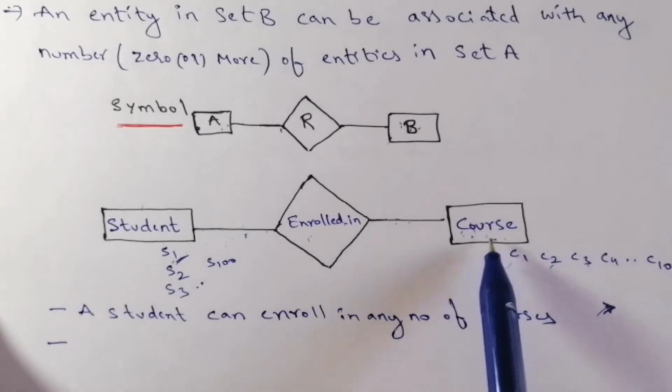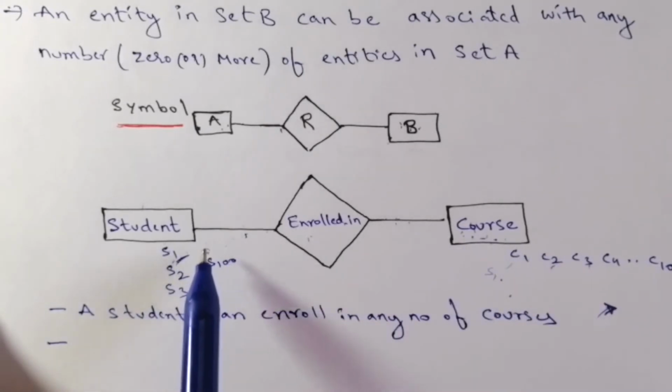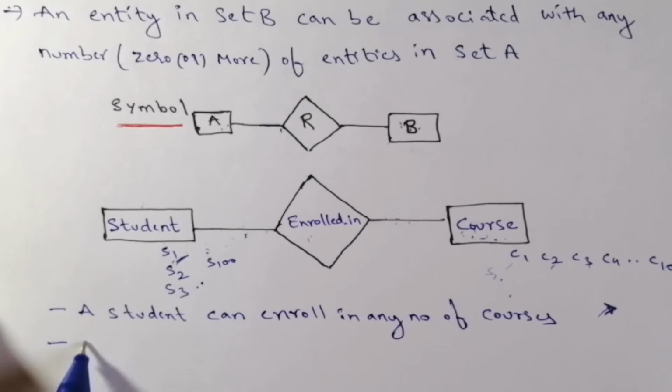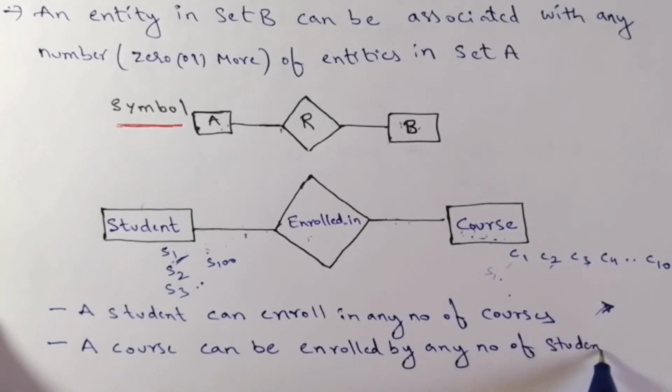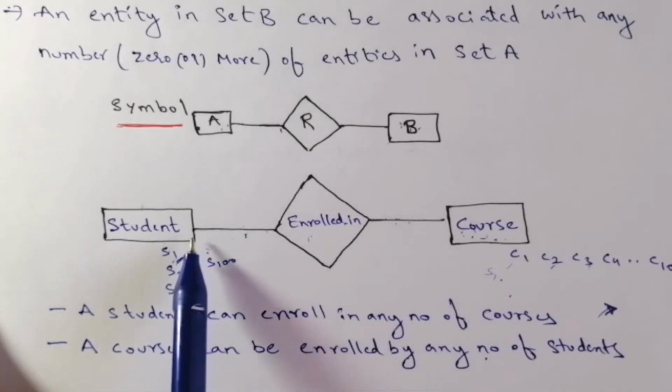From this side we have identified many, and from this side also many. So what we have identified is that a course can be enrolled in by any number of students, where any number means 0 or more, right? So this is a many to many relationship.